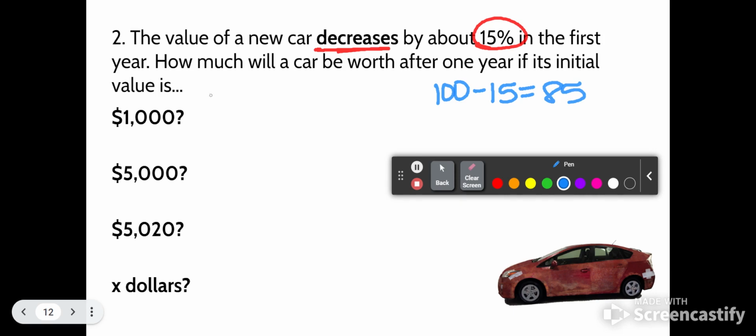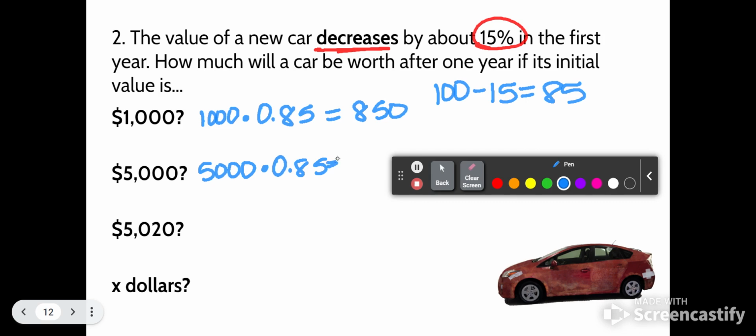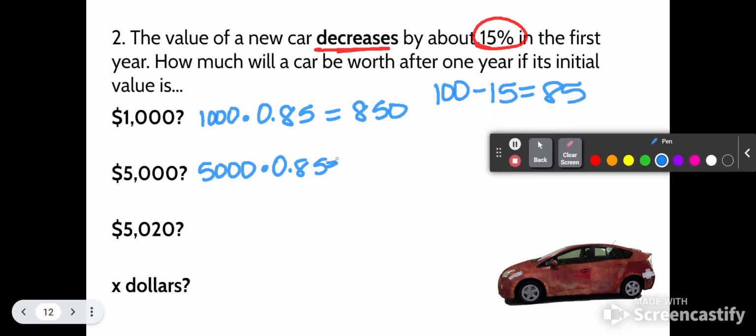Okay, so I have my $1,000 times my 85%, which would be $850. Double check my math here. Yep. So then I have $5,000 times 85%, and your car will be worth $4,250.